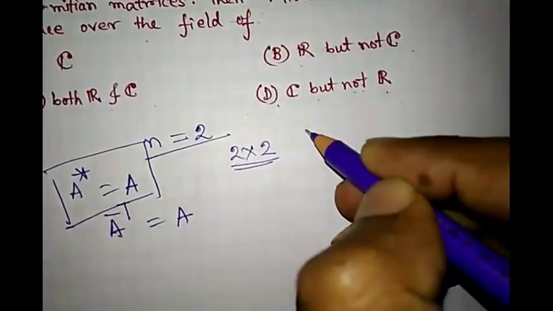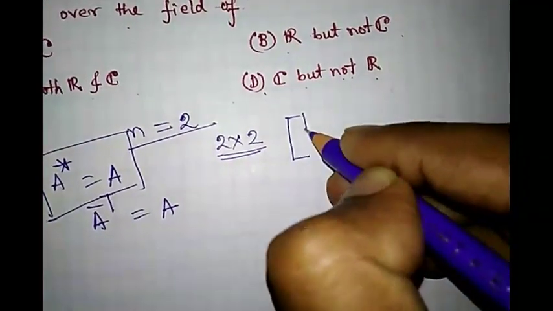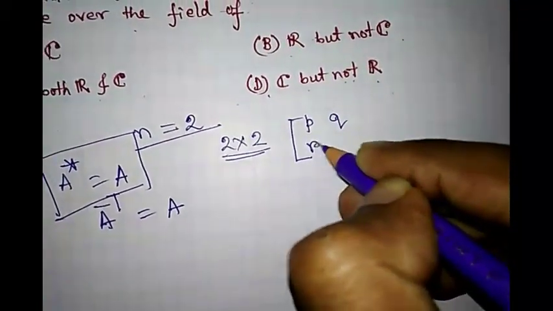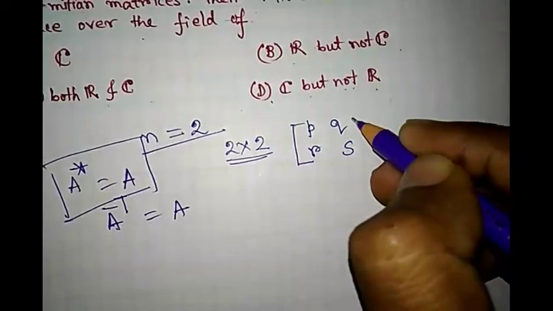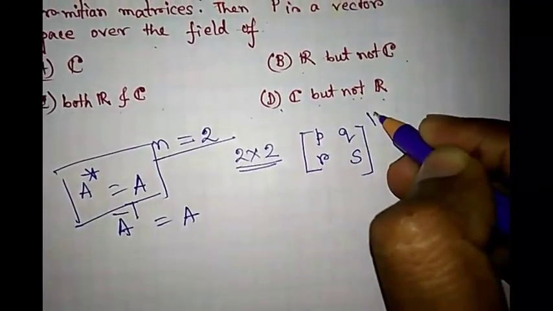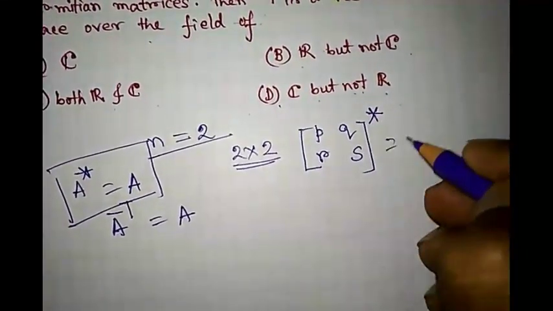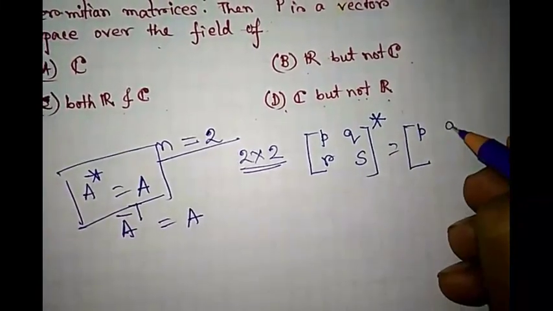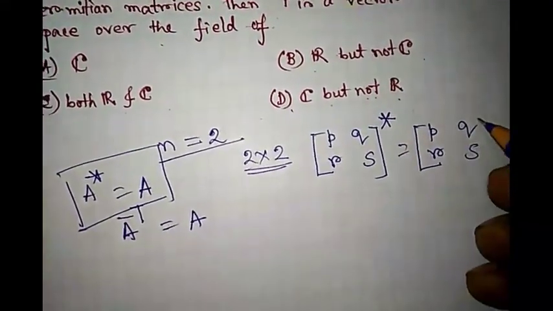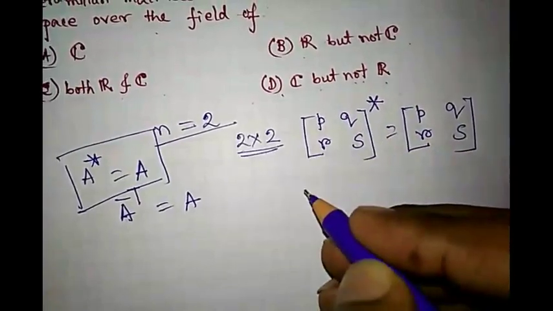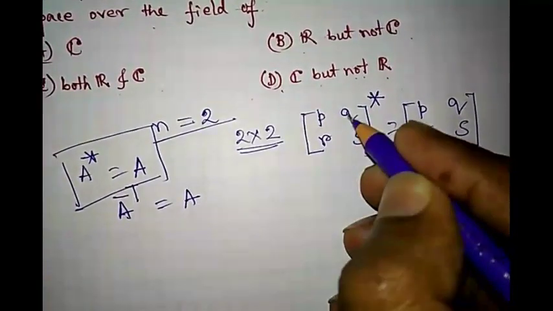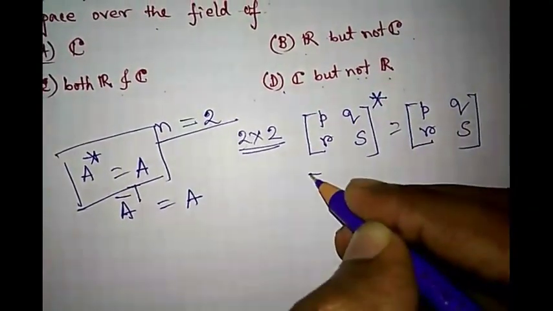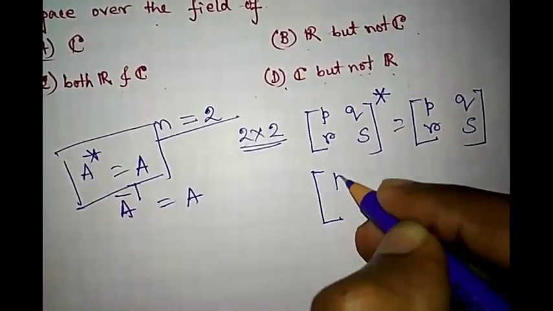Now the 2 by 2 matrices are like this: P, Q, R, S. Now this matrix will be Hermitian if its star equals the matrix itself. Star means bar transpose. Now if we take bar, then what will we have?